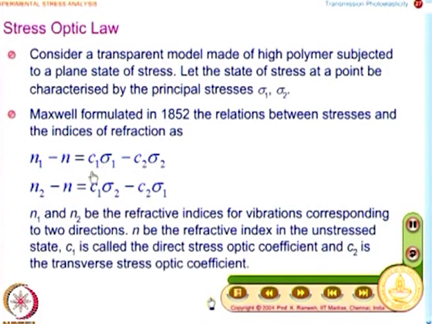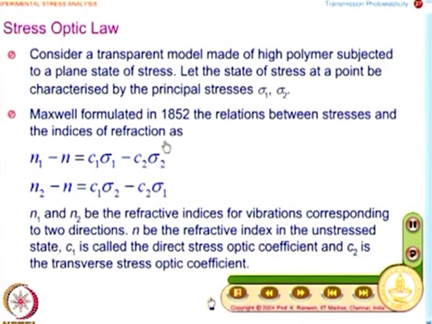So, what he found was a direct stress optic coefficient C 1 and a transverse stress optic coefficient C 2, where n 1 and n 2 are the refractive indices of the ordinary and extraordinary ray, and n is the refractive index in the unstressed state.